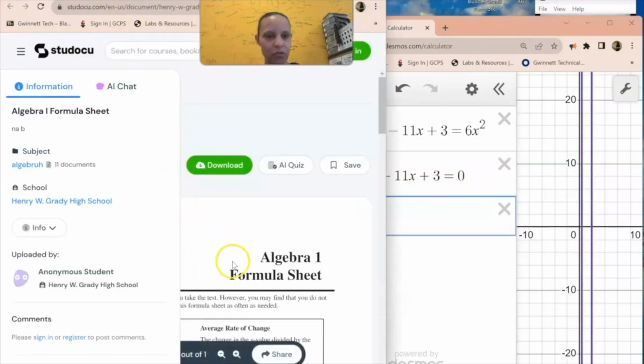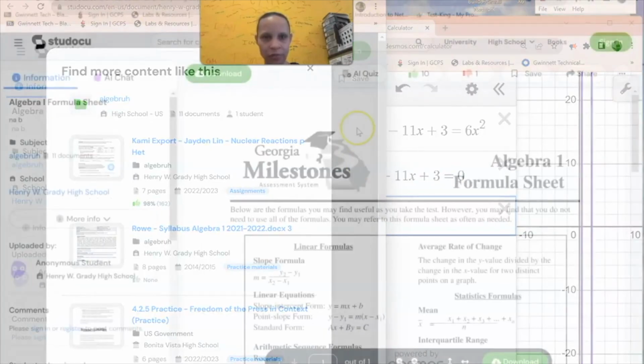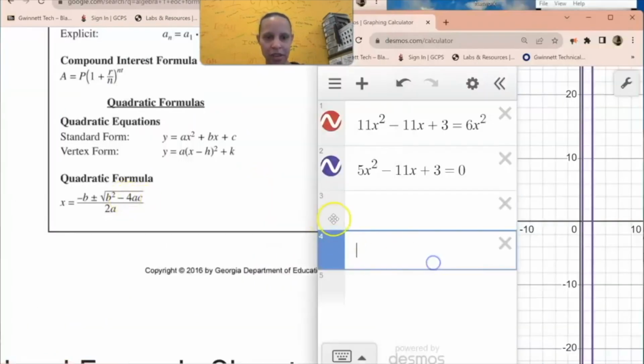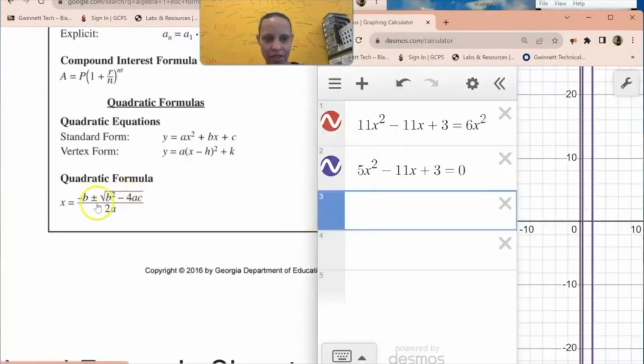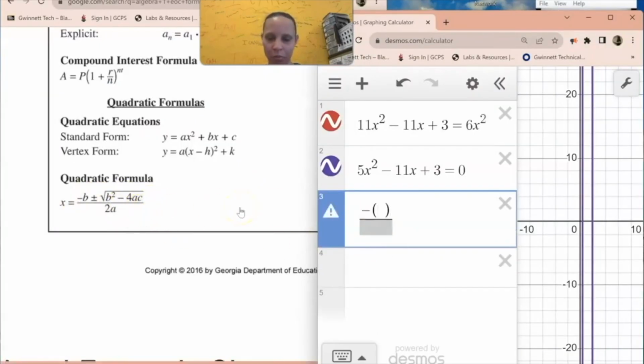So you're going to go into your formula sheet and you're going to find where it says quadratic formula. All right, quadratic formula right here. And you're going to type it in as you see it. Okay. So I'm going to type this into my calculator. So I have minus b, and because I have this fraction, I'm going to put the fraction in first. So I'll put divide. On the top, minus, instead of the letters, I'm going to put parentheses.